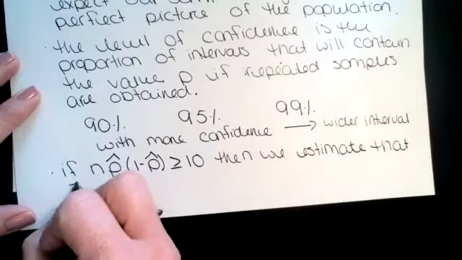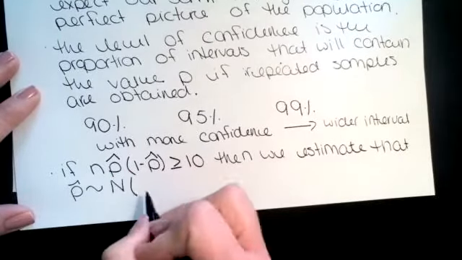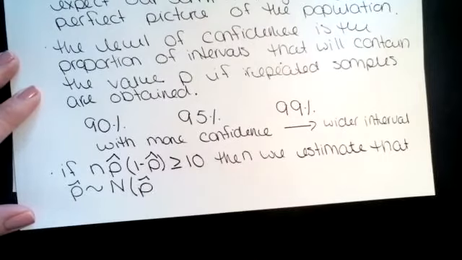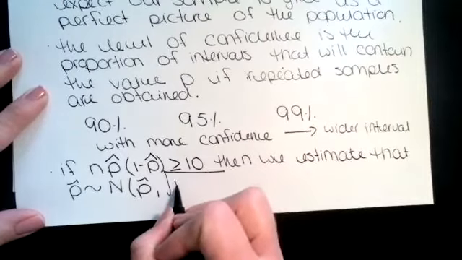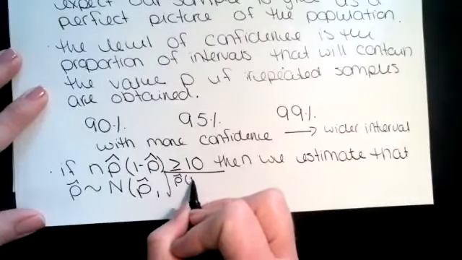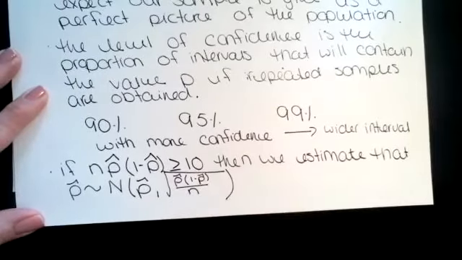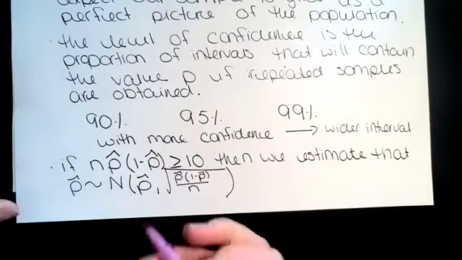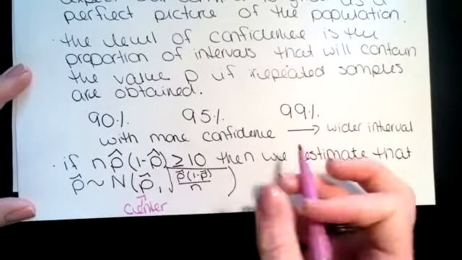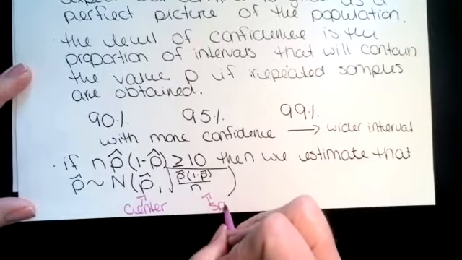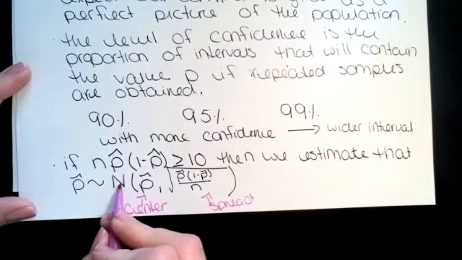That p hat follows a normal probability model with a center at p hat and a spread of the square root of p hat times 1 minus p hat over n. So right here, I have my center, my spread, my normal model.